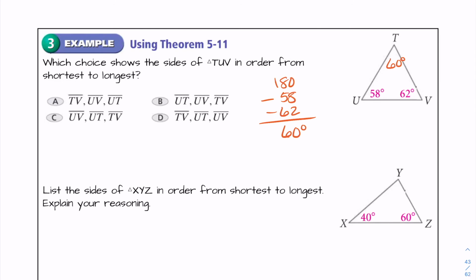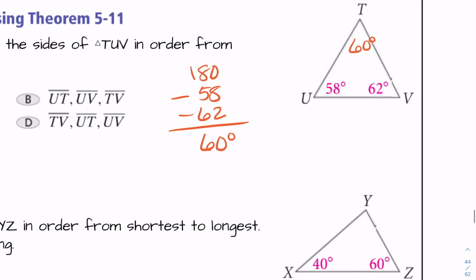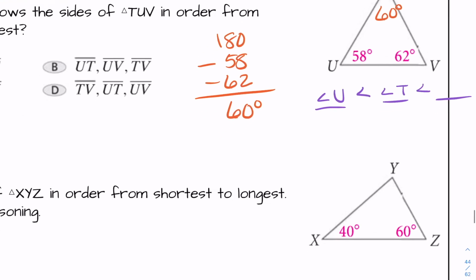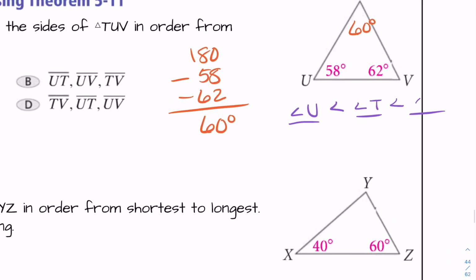So my angle U is lesser than angle T, which is lesser than angle V. I have to put these lines under it because it's kind of hard to even see, since I'm using angle notation and lesser signs.